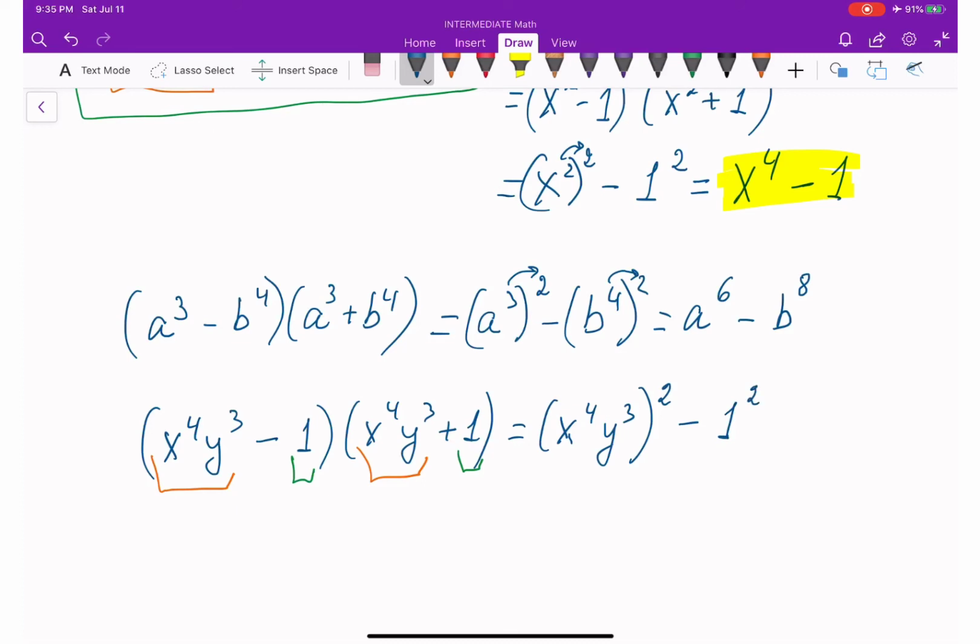We all know that. So I'm going to multiply power by power, so it will be x to power 8, 4 times 2 is 8, and y to power 3 times 2 is 6, minus 1. There we go. This is the result. Okie dokie.